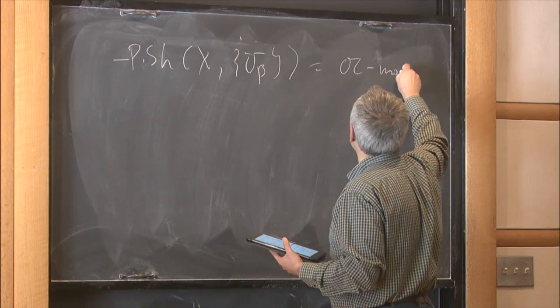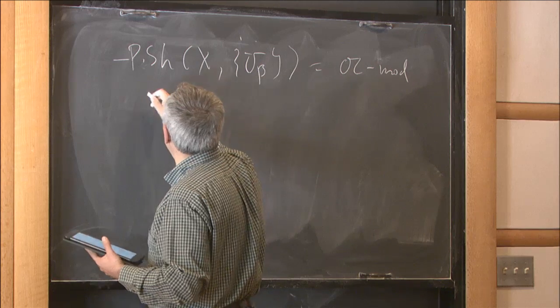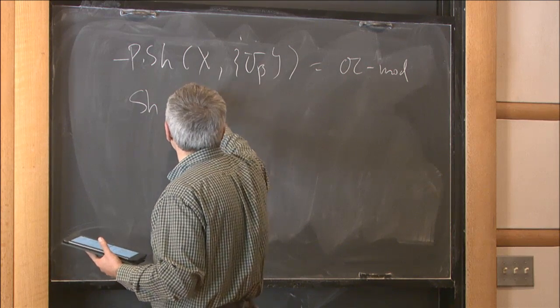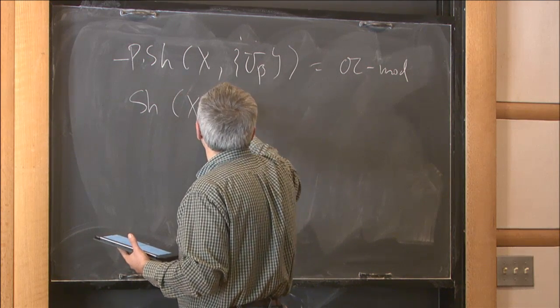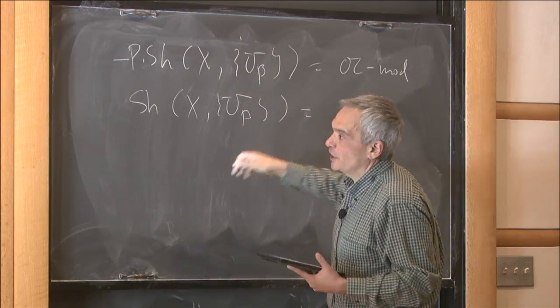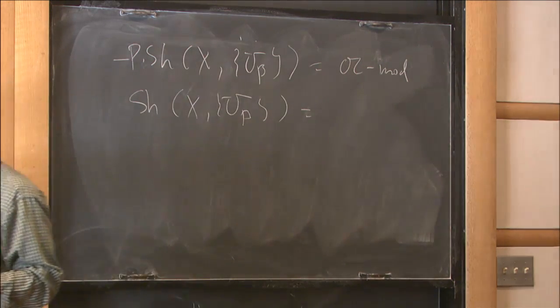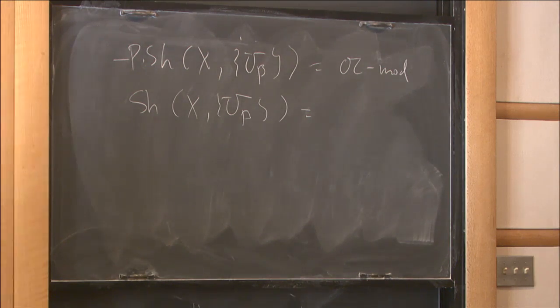These are just the A mod guys. And then you have quasi-coherent sheaves, which are the full subcategory of pre-sheaves for which these maps are quasi-isomorphisms.